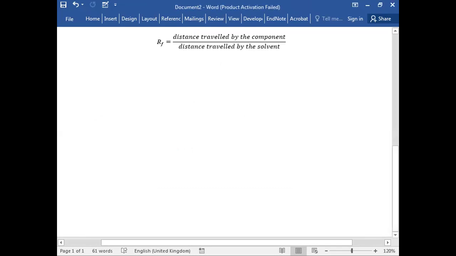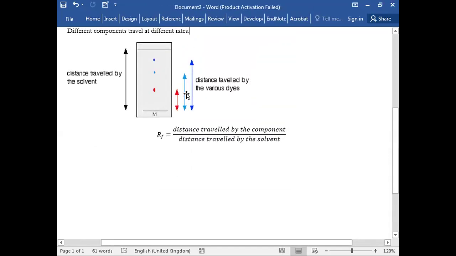सही है. What is a baseline and what is a solvent front? बताओ. इसके ऊपर components रखते हैं. Very good. Baseline is the line जिसपे हम components रखते हैं इसमें. This is our baseline. And what is the solvent front? This is our solvent front.